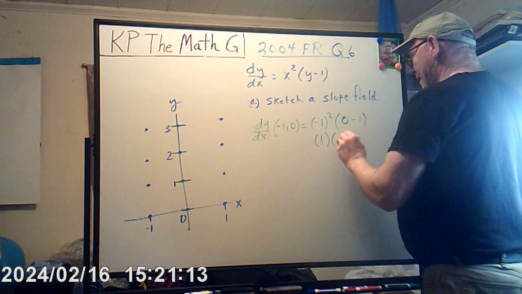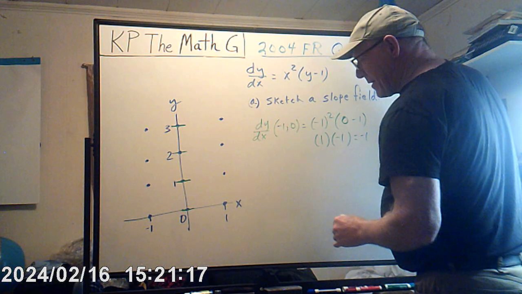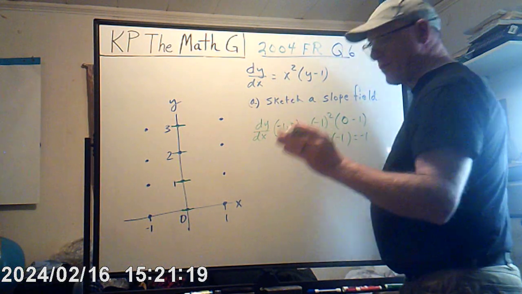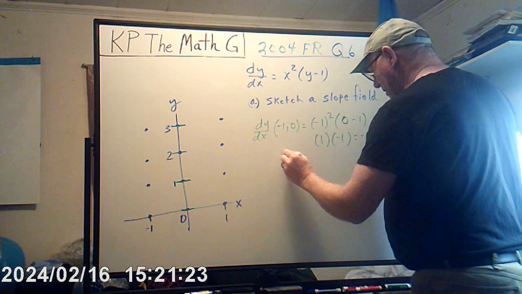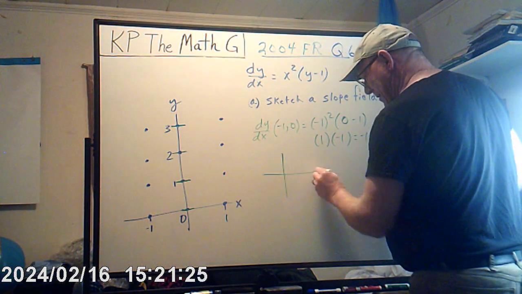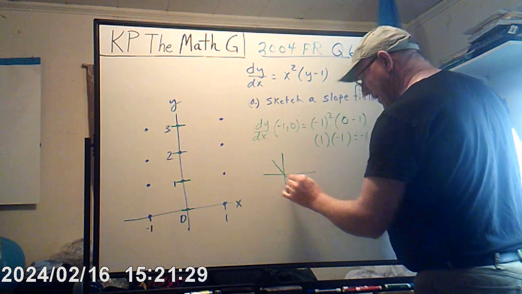Okay, y is 0, so that will be negative 1, yes. And remember that negative slopes slant to the left, and a slope of negative 1 is at a 45-degree angle like that.